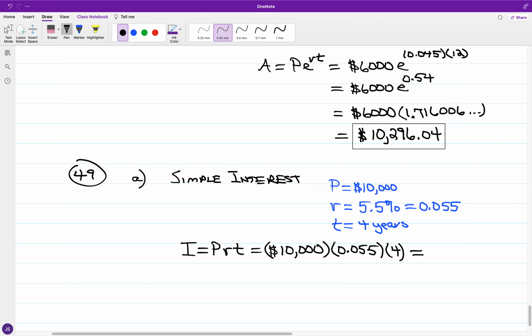So for Bethany, if she goes with the simple interest option with the 4-year plan and the rate at 5.5%, she's looking at facing an interest amount of $2,200.